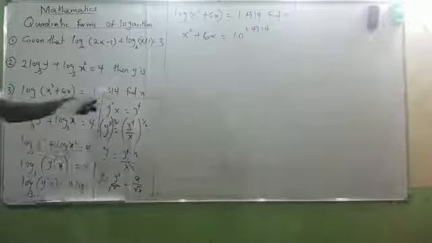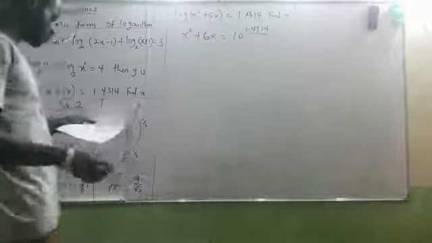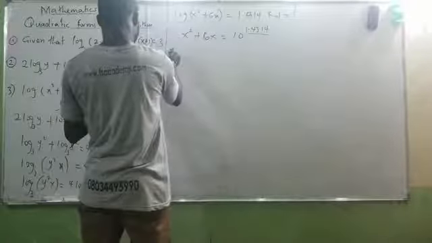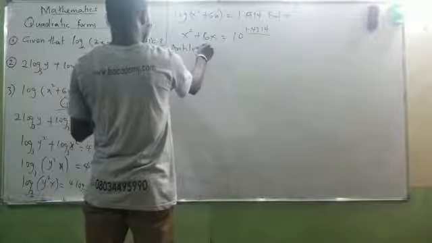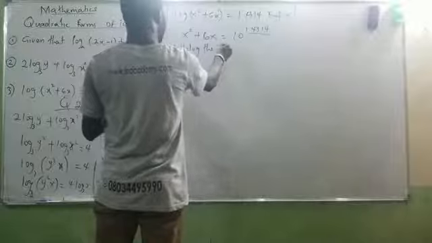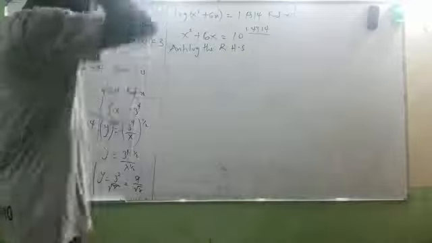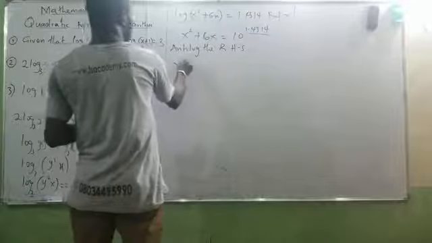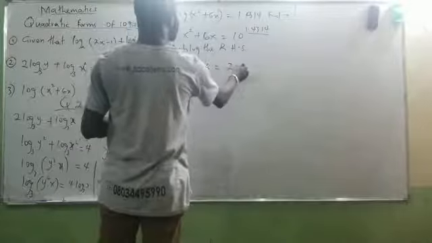Now, at this point, I will antilog the right hand side, which gives x squared plus 6x equals 27 when you find the antilog.